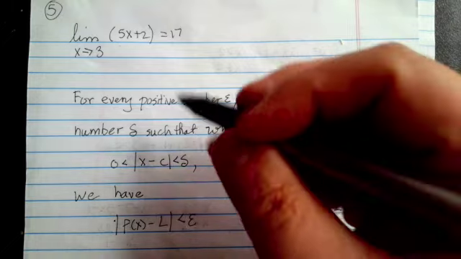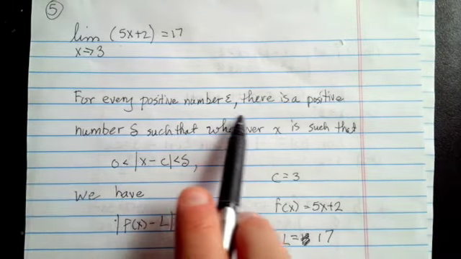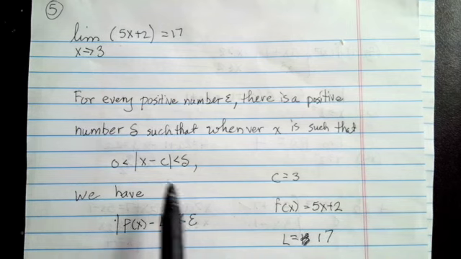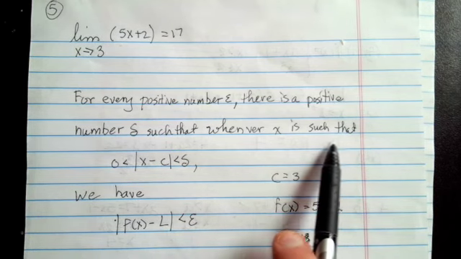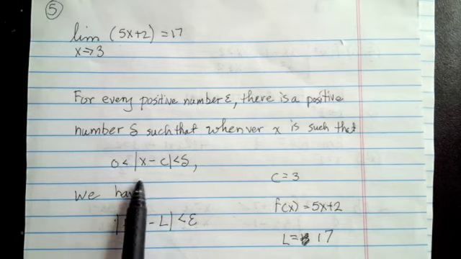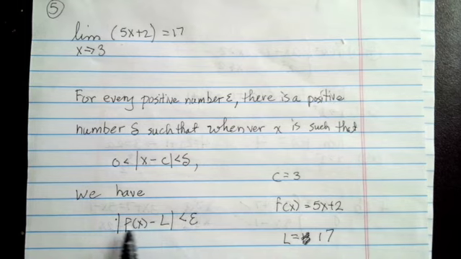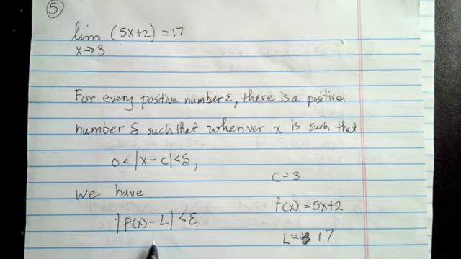So what we've got to do is show that this definition holds. For every positive number epsilon, there is a positive number delta, such that whenever x is such that the absolute value of the difference of x and c is between 0 and delta, then we have that the absolute value of f of x minus L is less than epsilon.